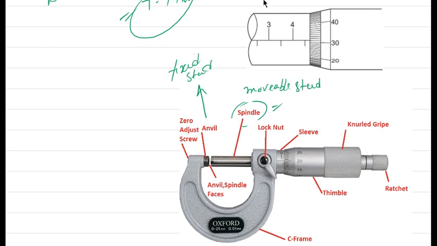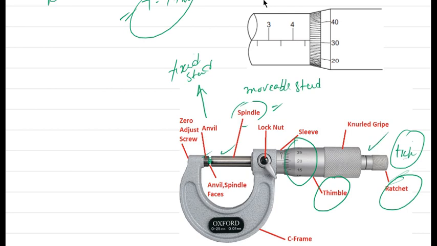And this is the circular scale, also called the thimble. And this is the ratchet. What does a ratchet do? It gives you a tick sound, tick, tick, tick. When both studs come in contact with the object between them, it will produce the tick sound, saying stop here, the object has been adjusted.